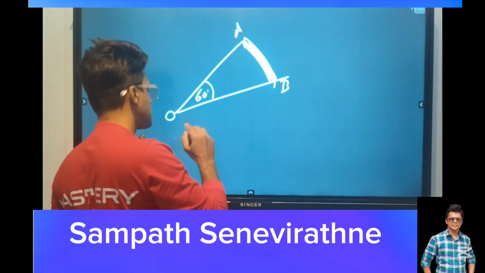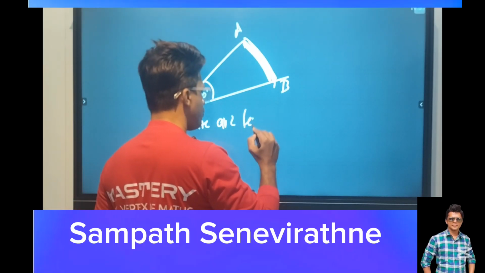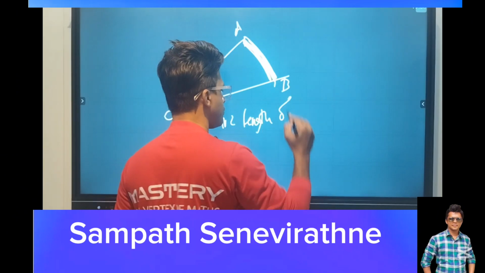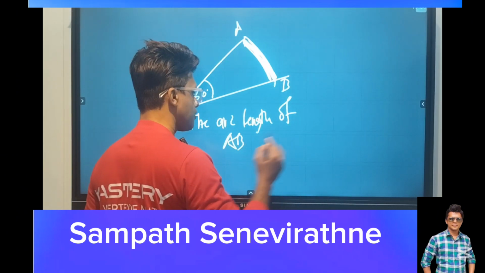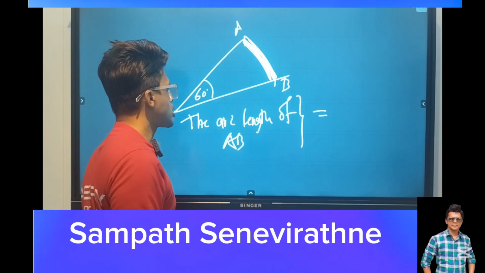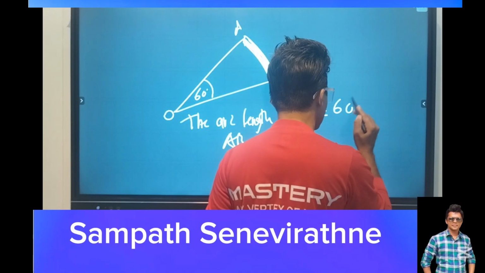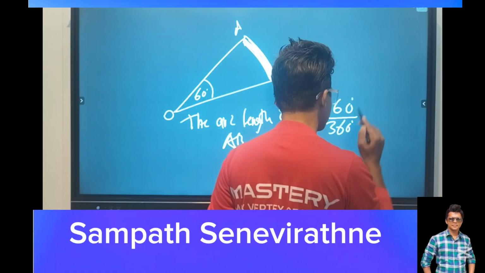How do we calculate the arc length? The arc length of AB, according to what you learned previously, is 60 over 360 degrees times 2 pi r.